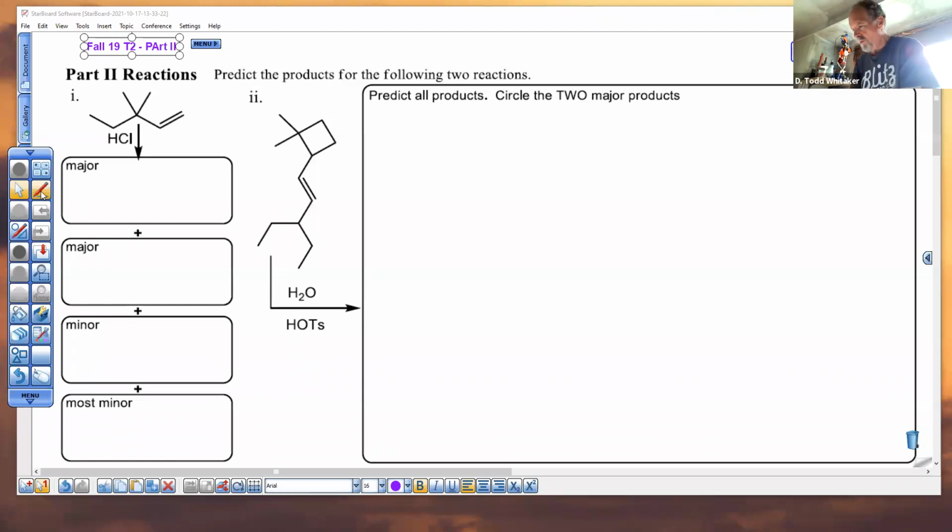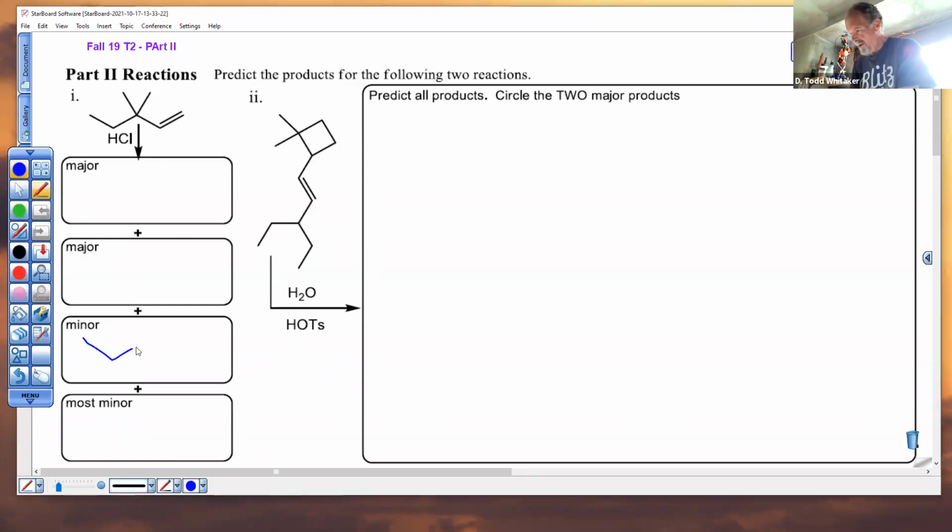So here we go. We're going to put them here. The minor looks like this, and the Cl here. And the most minor will come from the secondary primary carbon, which has the least hyperconjugation. And that puts the Cl there.